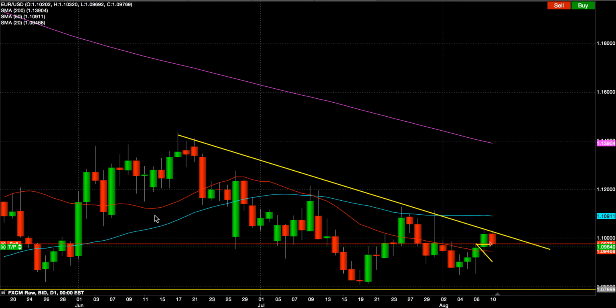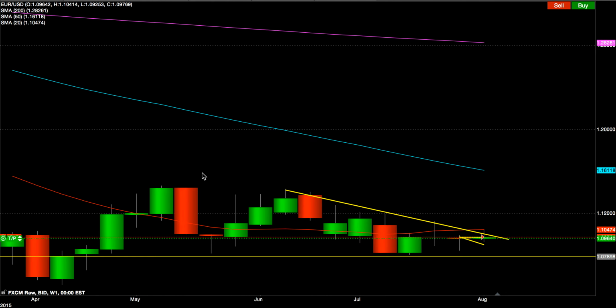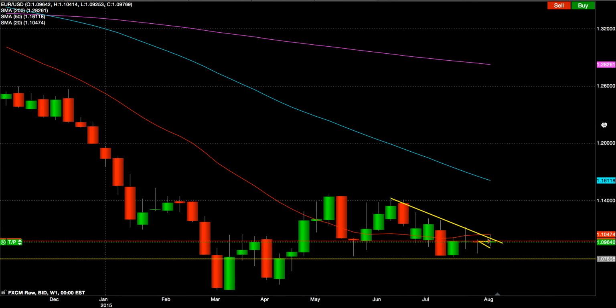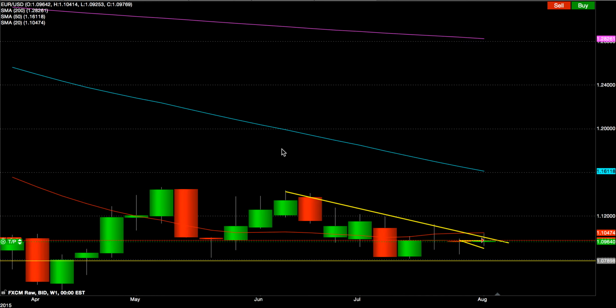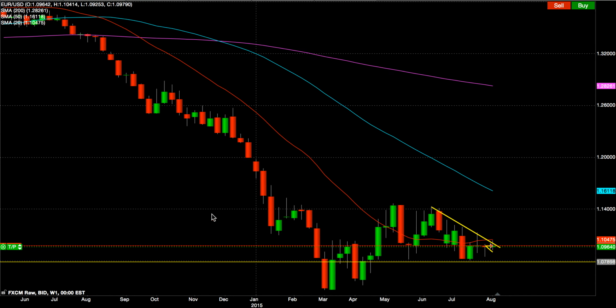Here's what the daily chart looks like. Let's take a quick look here at the weekly. Yeah, the weekly is looking bearish on this. Wow. You can see on the weekly this red line, which would be the 20-day moving average on the weekly chart, is acting as major resistance on this. Yeah, weekly this is bearish.